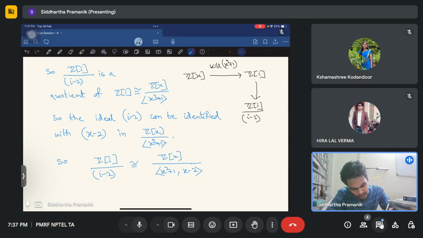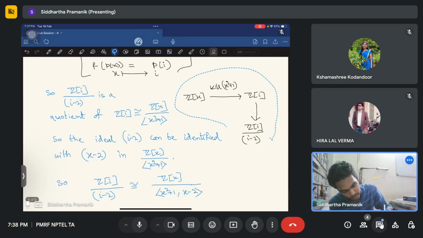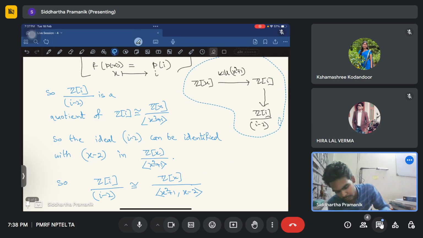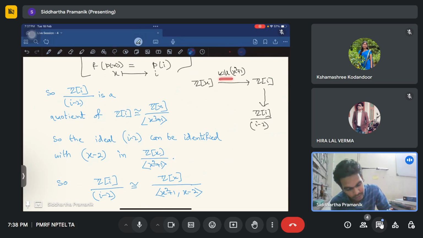So if we first kill x − 2, then what will we get? So look at this diagram. So from Z[x], by killing x² + 1, we are getting this quotient. So we can kill this x − 2 also.